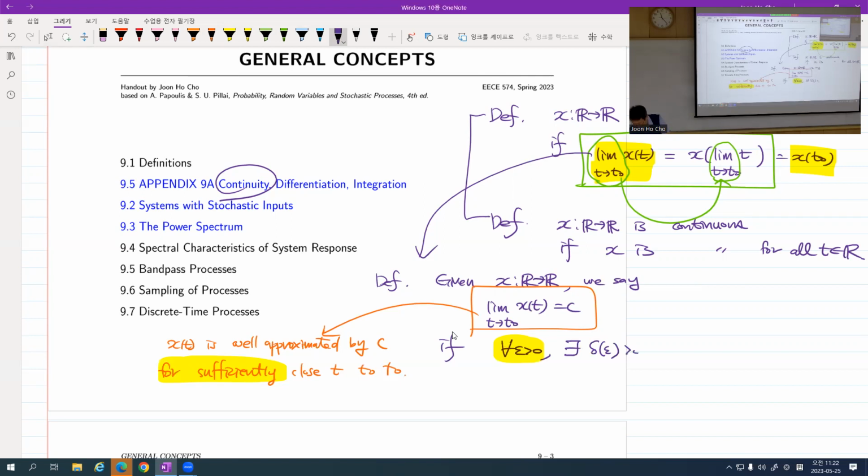And this is positive such that, absolute value of t minus t0 less than delta of epsilon implies, because we want to eventually claim that x of t is close to c, so absolute value of x of t minus c is less than epsilon.